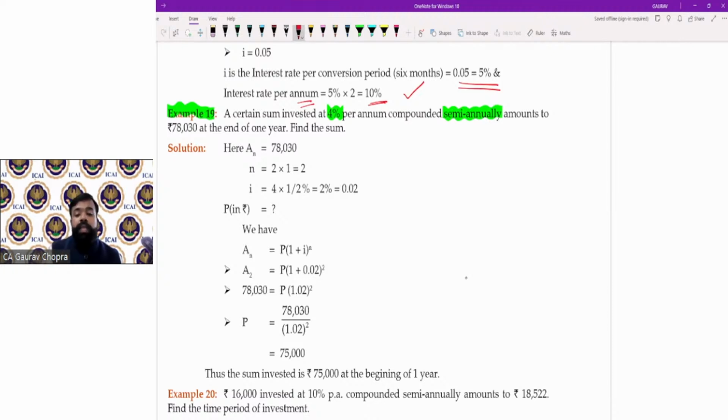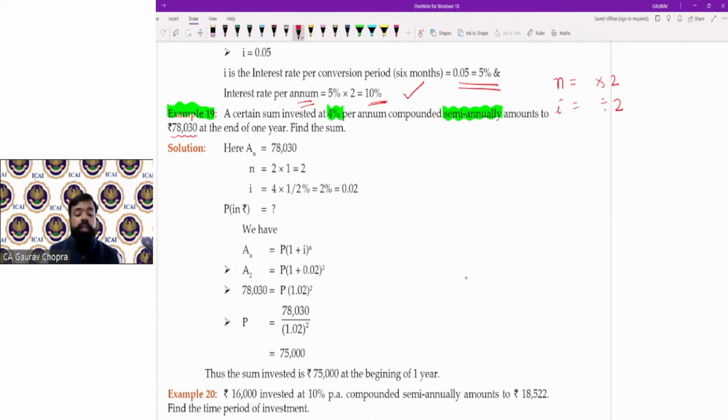Whenever it is semi-annually, how to calculate n? For n we have to multiply by 2, and for rate, that is for I, we have to divide it by 2. It amounts to 78030.